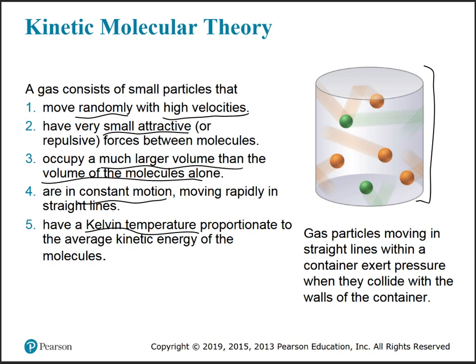So when you talk about a temperature in Kelvin, you're talking about the average energy of the gas particles in a container. So understanding these 5 different points about the kinetic molecular theory will help you understand how gases move and how they interact with each other.